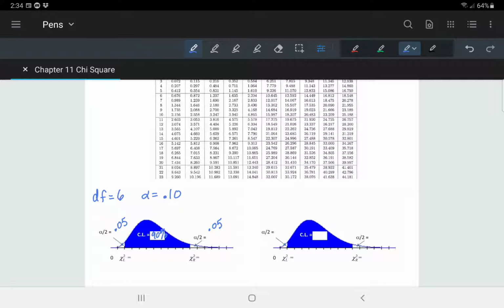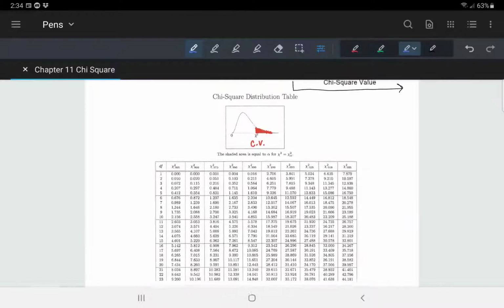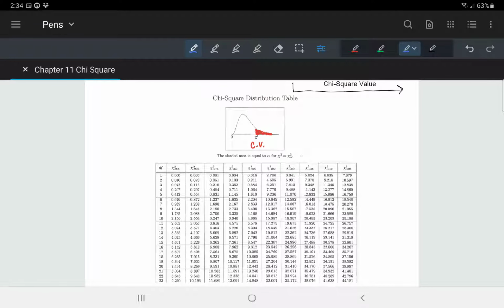So if we were looking for, let's start with chi-squared on the right, this right hand critical value, we would come up to our table. The area to the right is going to be 5%. So we come up and find the 5% category, which is here. And then we come down to where our degrees of freedom are, which is 6.